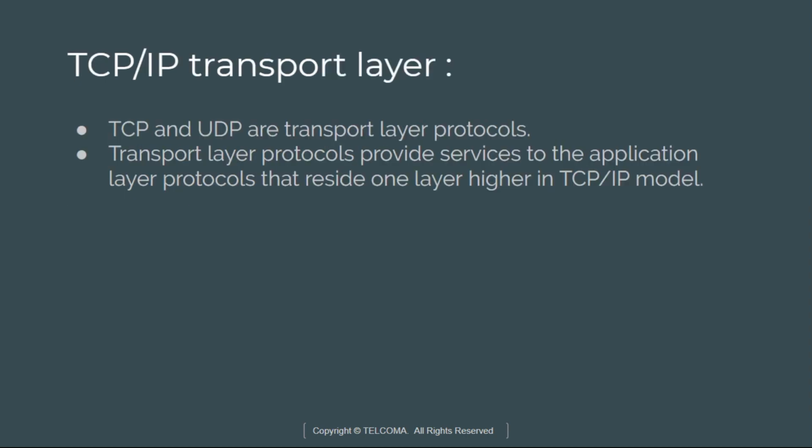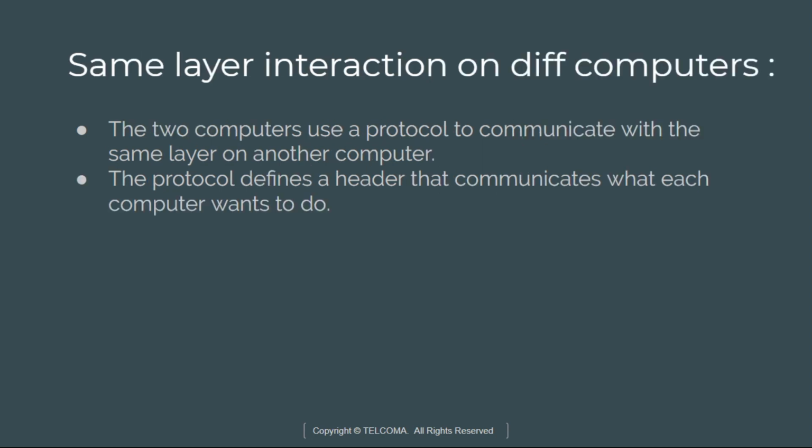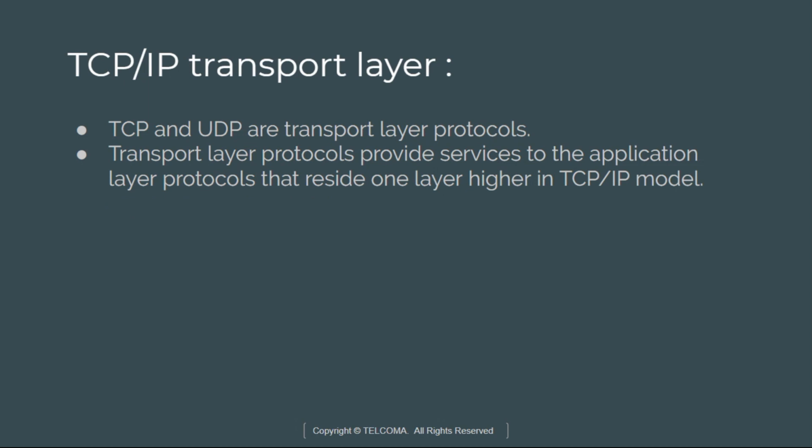We have the TCP/IP transport layer. Here, Transmission Control Protocol and User Datagram Protocol are the main protocols. They provide services to the application layer that resides one layer higher. Here it has error recovery. TCP has an error recovery service which is provided to application layer protocols.